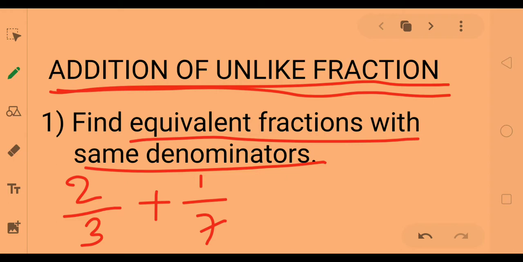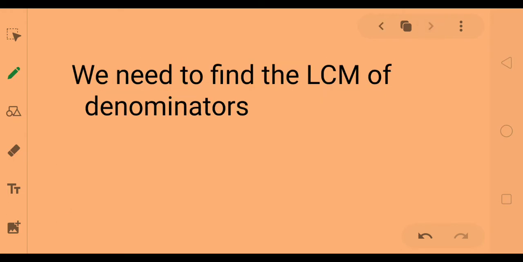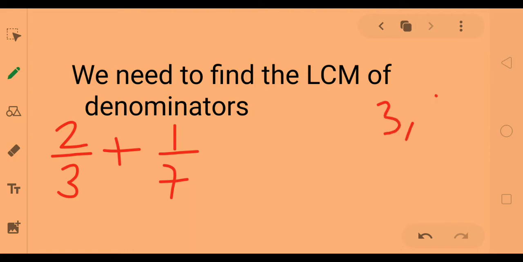So let us see how we can find it. The first step is to find the LCM of these denominators. So let us find the LCM of 3 and 7.